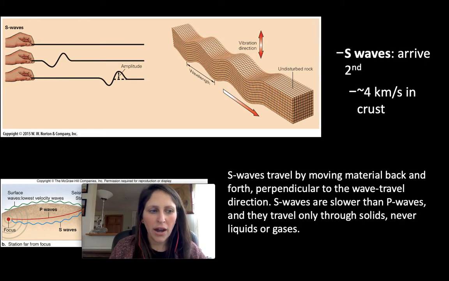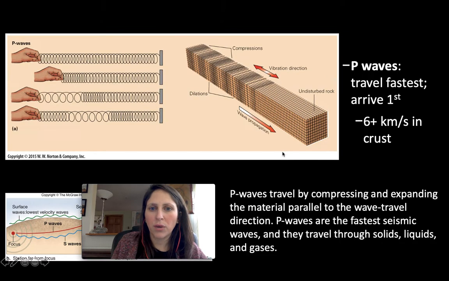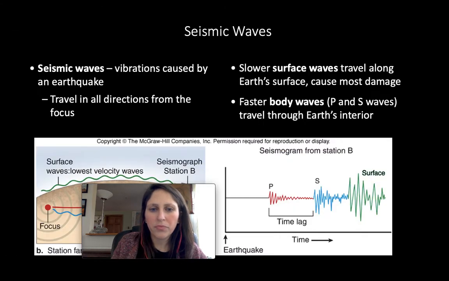When I say arrive, we have these seismograms set up at different stations in our country and across the globe, and these waves travel to these seismograms from the earthquake. If we go back just a little bit, here's a nice seismogram.